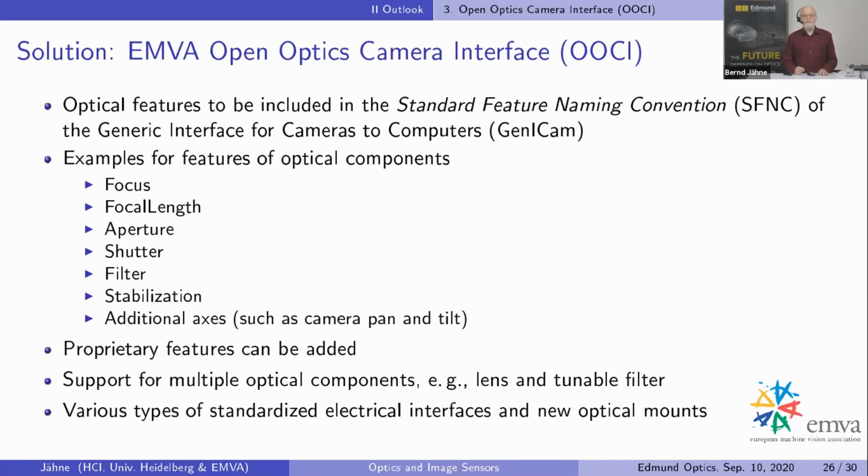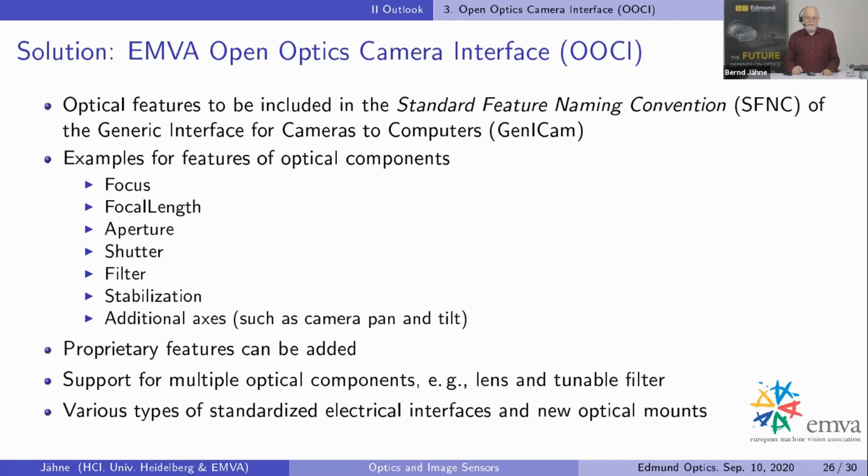And into that, we found out it's quite easy to now also integrate the features of optical components, like focus, focal length, aperture, shutter, filters, stabilization, additional axes such as camera pan and tilt, or whatever you might think of. The nice thing with this approach, which is common to GenICam as well, is that proprietary features can be added.